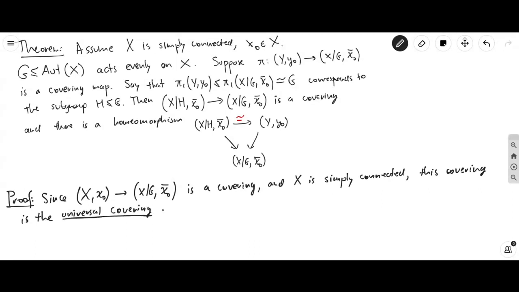So universal in the sense, i.e., x0 is the initial object among all coverings of this space.